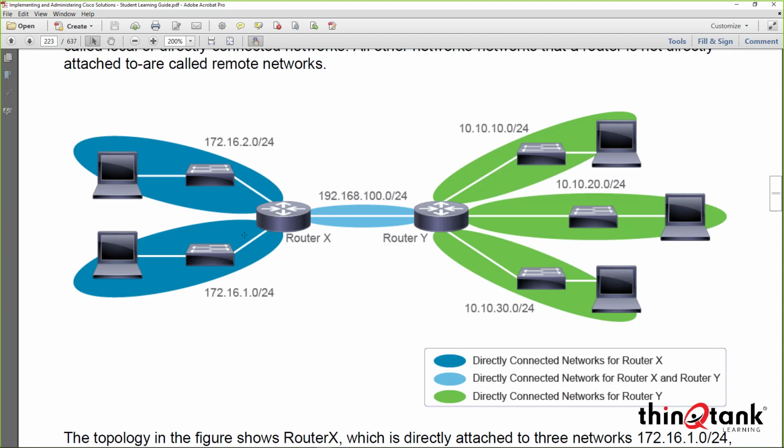Even if router X happened to see a packet come in on this interface from 10.10.10.10, it's not going to automatically say, oh, well, that means the 10.10.10.10 subnet must exist on that interface. You have to explicitly tell the router how to route.